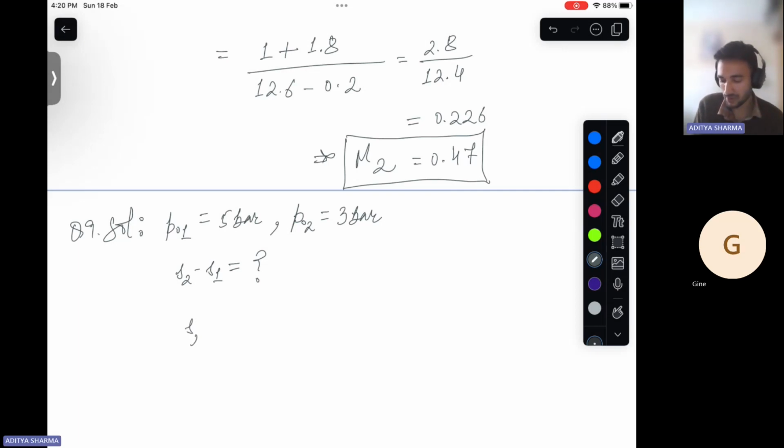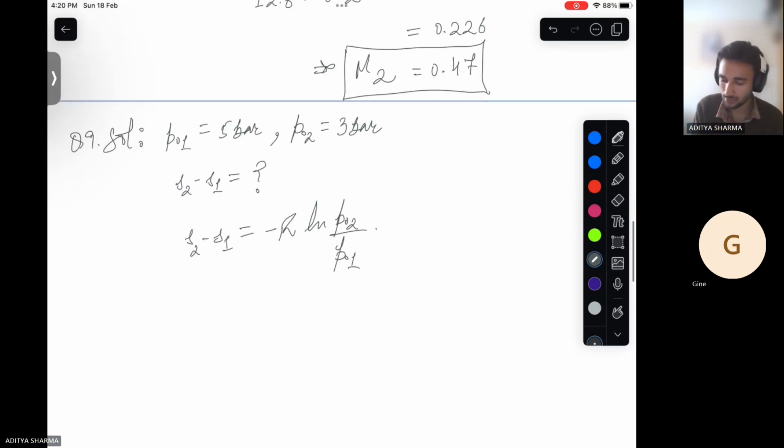So what is S2 minus S1? Now you guys should be able to solve this, right?